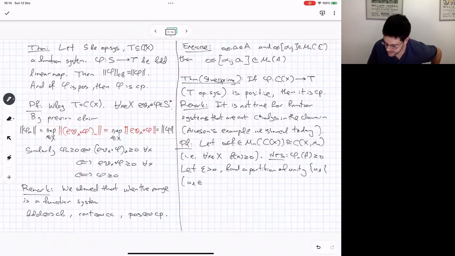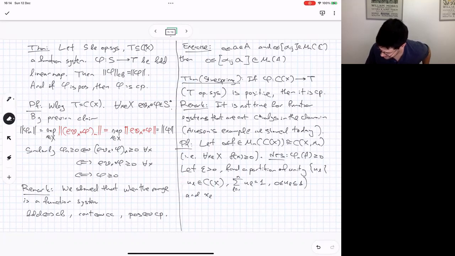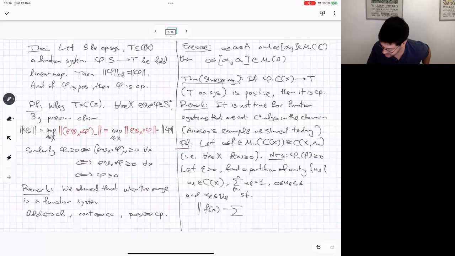By this I mean that each u_l is a continuous function, that the sum of the u_l is 1, a finite sum, just a finite partition of unity, and that each u_l sits between 0 and 1, and points x_l in x such that the supremum over all x in x of the norm of f of x minus the sum of u_l of x times f of x_l, l goes from 1 to n, is less than epsilon.